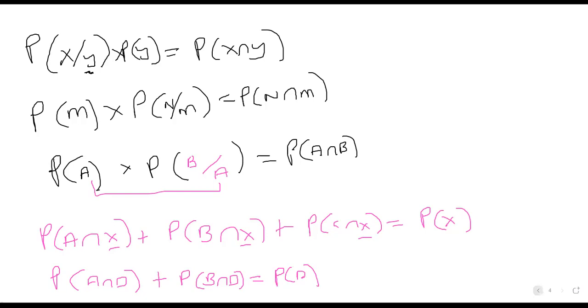So if I were to now ask you, what is the probability of B given D? Can somebody expand this for me? Probability of B given D using Bayes' theorem. Which letter goes down?